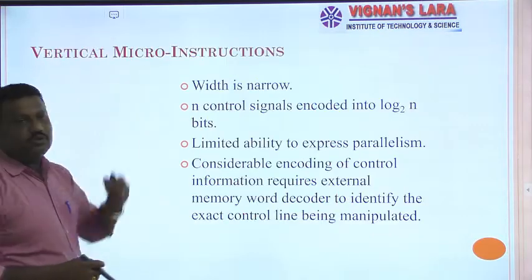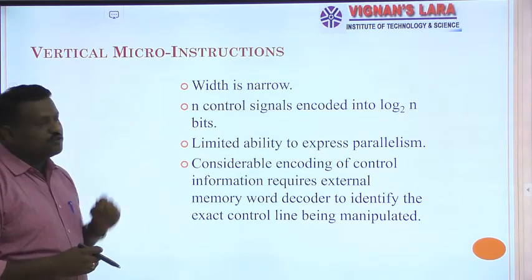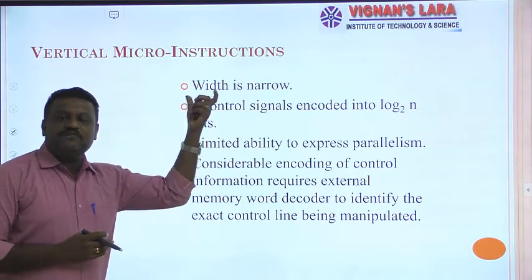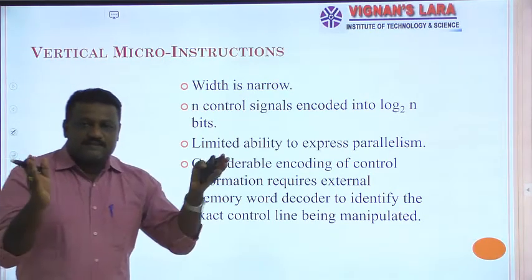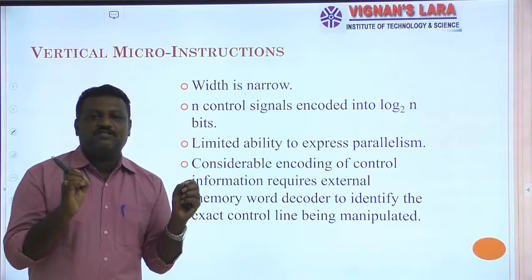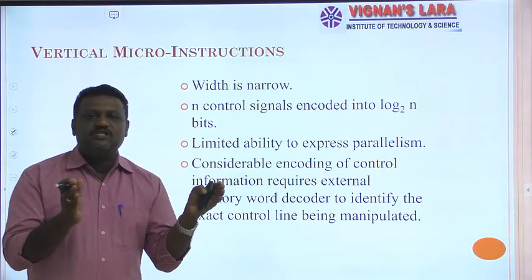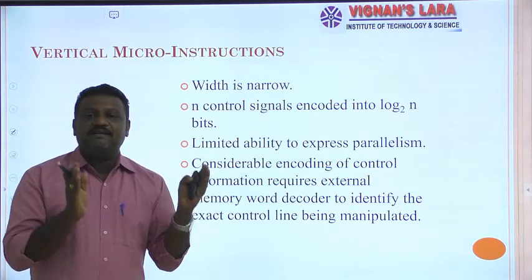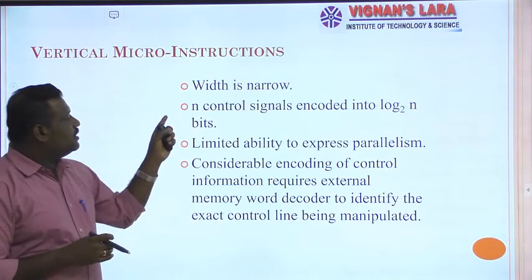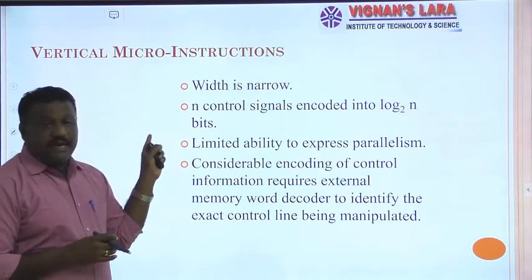So first I am going to talk about vertical micro instructions. Here the first point is width is narrow. The meaning of this statement is that the number of bits present in a vertical micro instruction is less. That means I have only a few bits in a vertical micro instruction. N control signals are encoded into log base 2 of n bits.